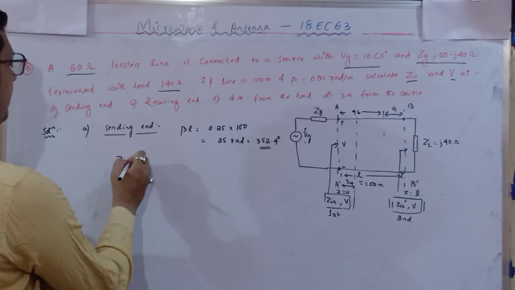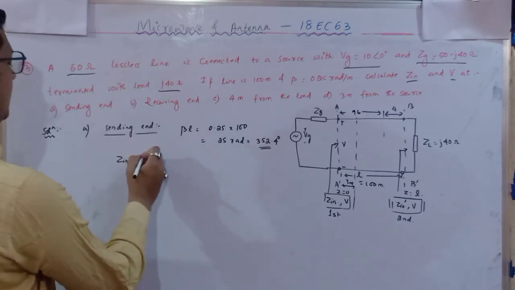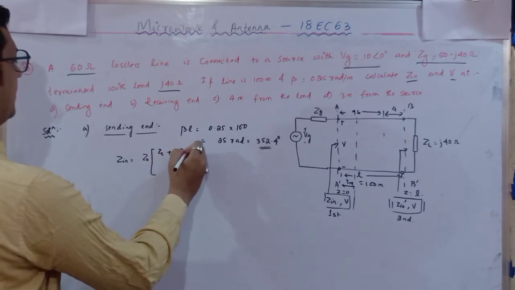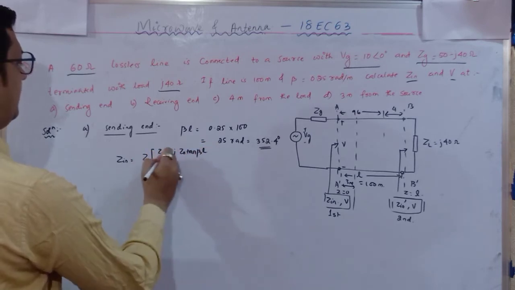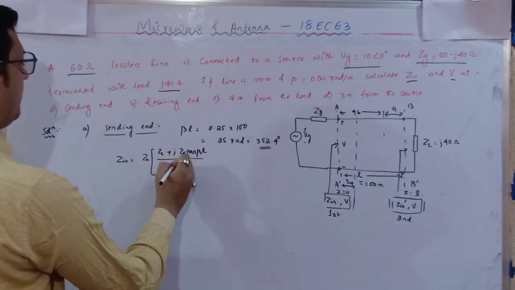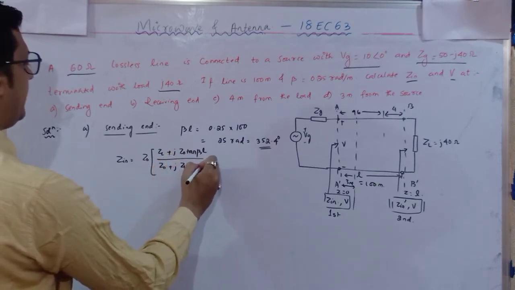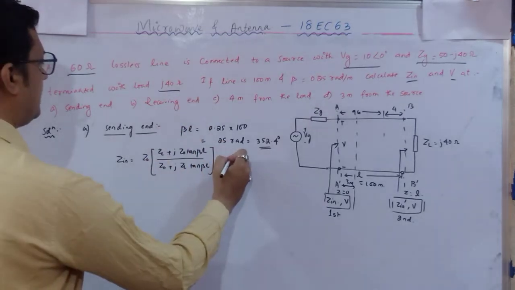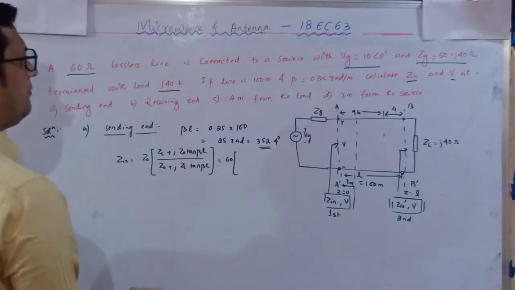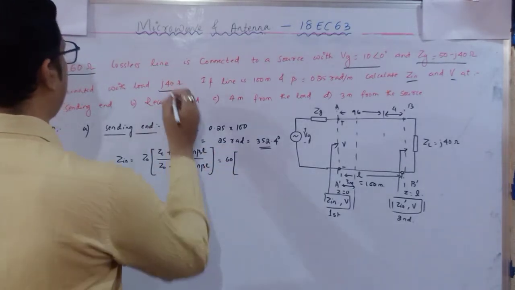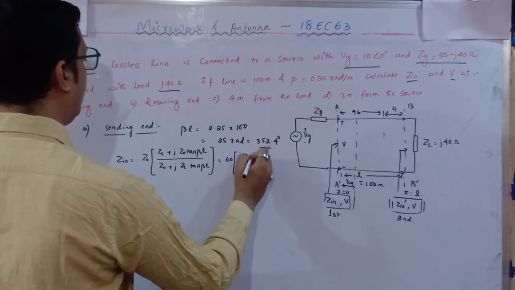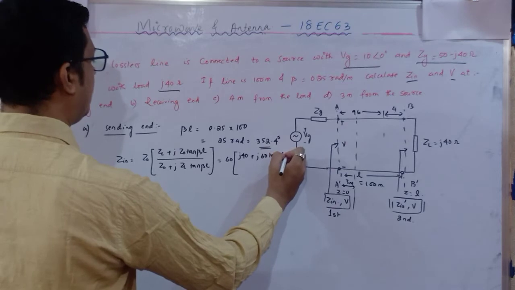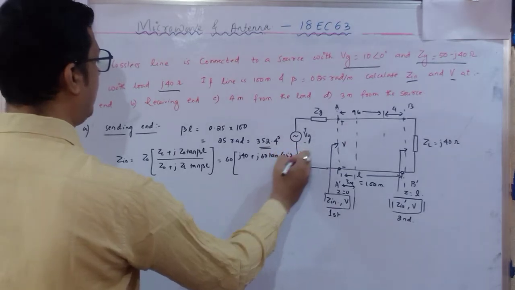Next, input impedance. A simple relation for a lossless line: Zin = Z0 times (ZL + jZ0 tan beta L) divided by (Z0 + jZL tan beta L). All the values are given. Z0 is 60, ZL is j40, and tan beta L is tan of 352.4 degree.